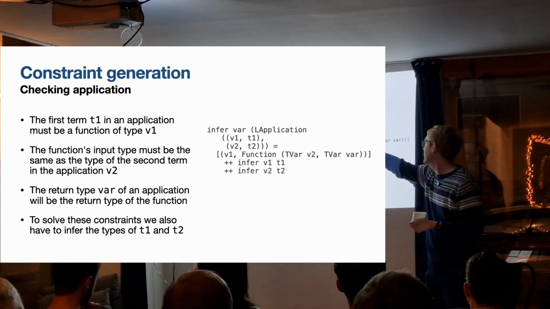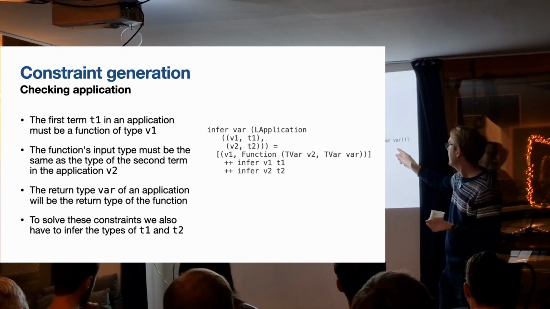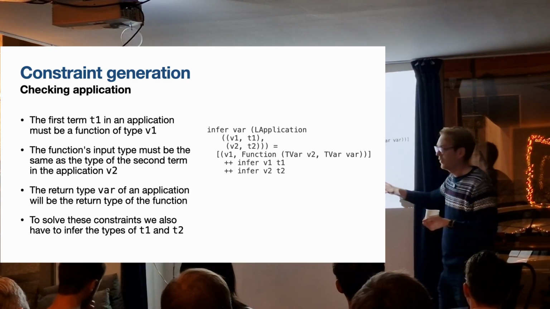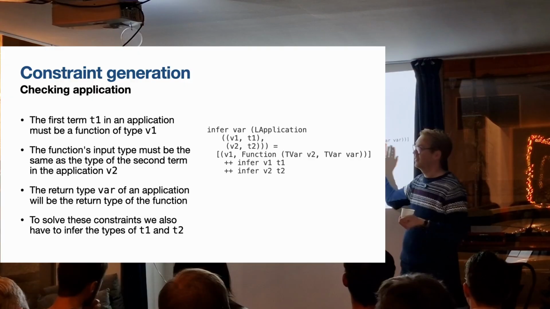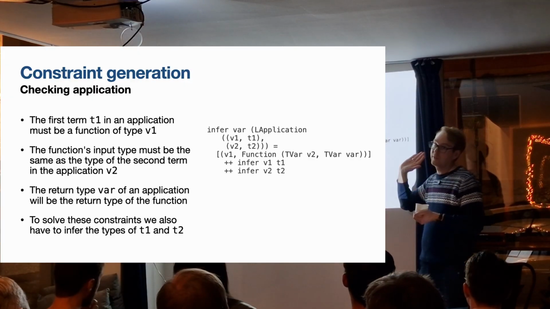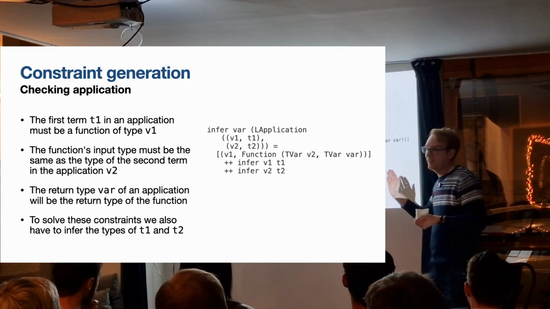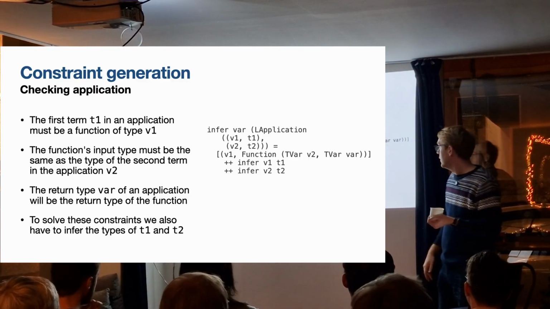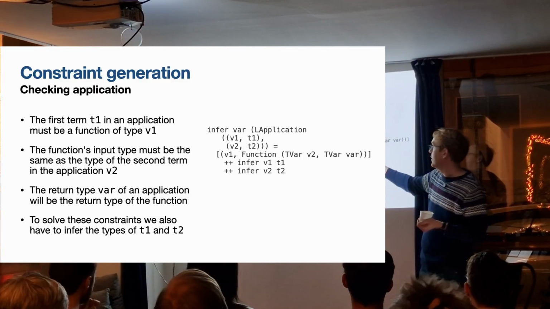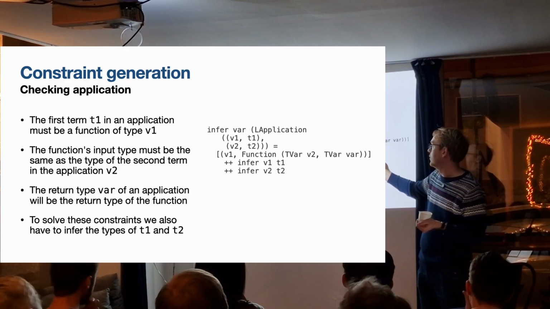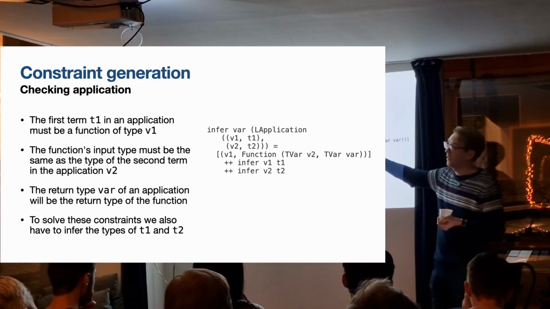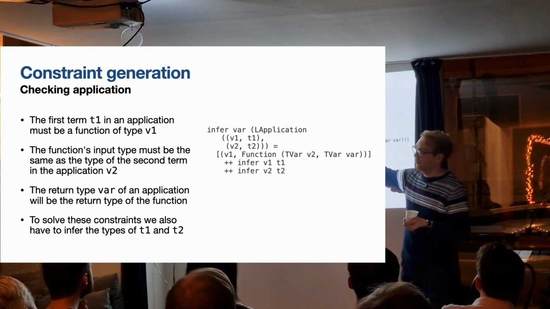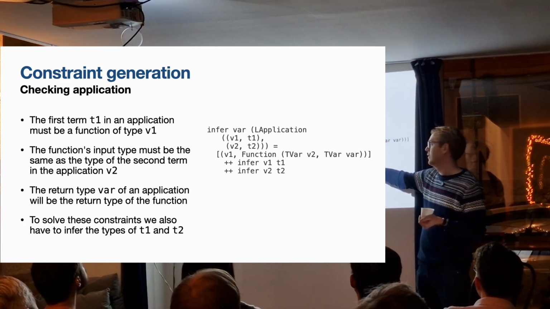So we unify these two, and then we know that the output type of the function must be the same as the return type of the application, which is var, the type of the entire expression. And then we need to recursively infer the types for both the lambda term, which is supposed to be a function, and the argument term.